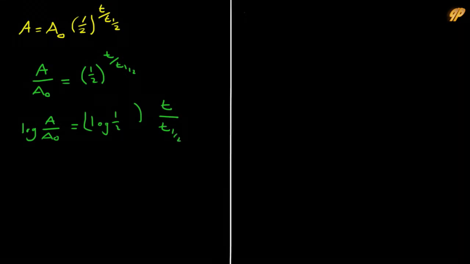We can then rearrange this equation and solve for T. So on rearrangement we would have T equals log A over A naught divided by log a half multiplied by the half-life.